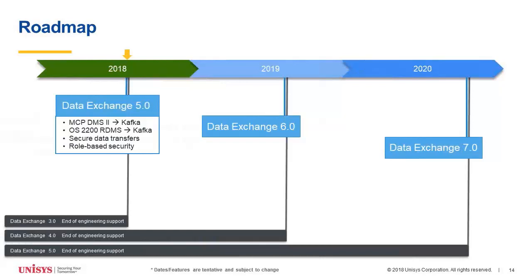Next year, we will be releasing Data Exchange 6.0 at the end of 2019, followed by Data Exchange 7.0 in 2020. What I would like to focus on here is that we are trying to create a very regular cadence when it comes to releases, and keep ourselves listening to our customers to incorporate as many features as you are requesting.